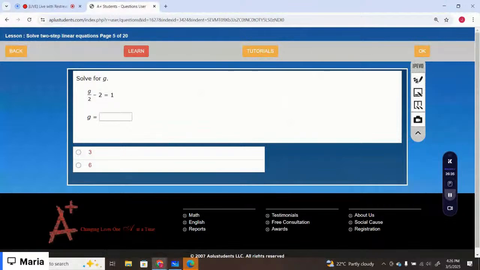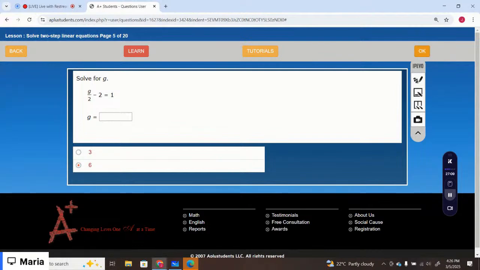G divided by 2 minus 2 equals 1. That is G equals 6.